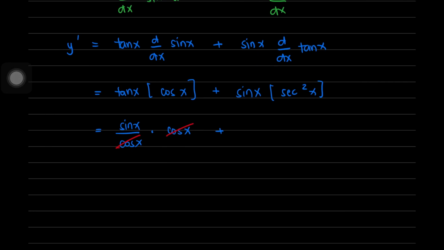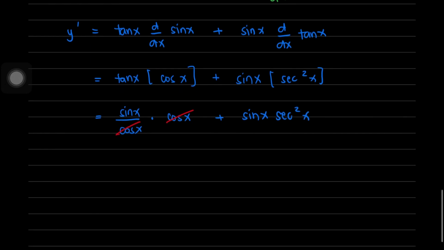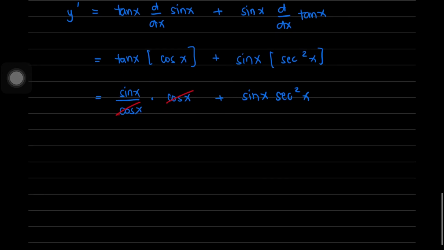Plus sine of x multiplied by secant squared of x, alright? So let's just leave it as is because we cannot cancel out anything with that anyhow. So this is now equal to sine of x plus sine of x multiplied by secant squared of x.